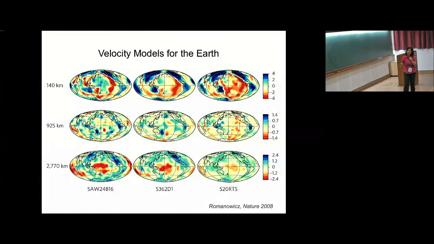And we still don't understand why the Earth looks like this at this depth. Of course, we have some theories, but we still don't have a clear understanding of what controls these phenomena as we go deeper inside the Earth. For example, you see these very low velocity regions.